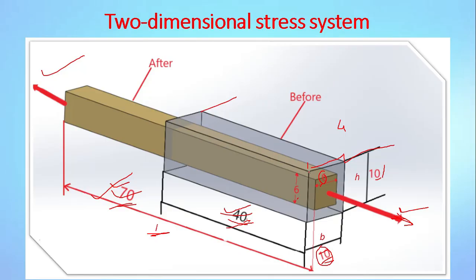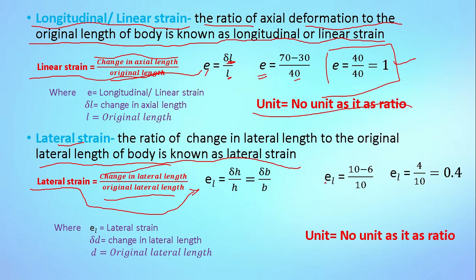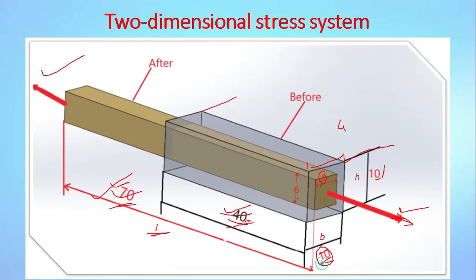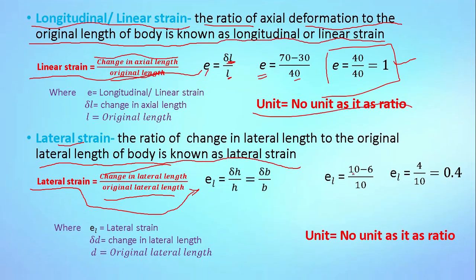If we consider the previous example, lateral strain is equal to 10 minus 6. The original breadth was 10 and after application of force it becomes 6. So the change in length, 10 minus 6, is 4, divided by the original breadth 10. So 4 divided by 10 is equal to 0.4. This is the lateral strain, and as it is a ratio of the same quantity, it does not have any unit.